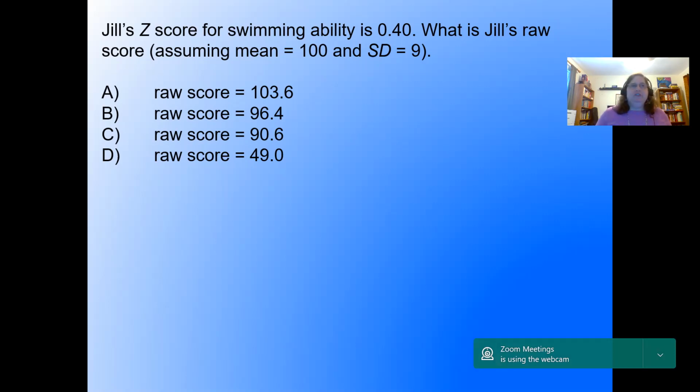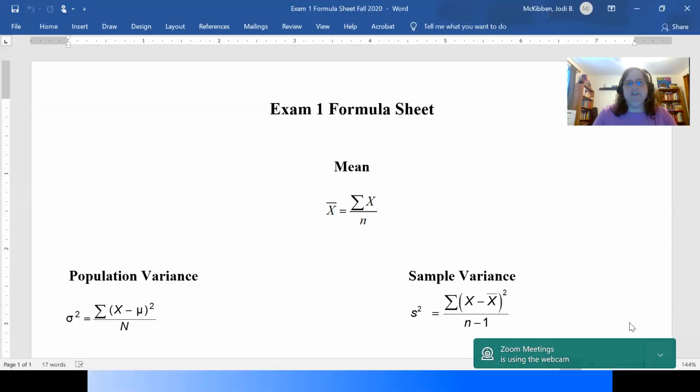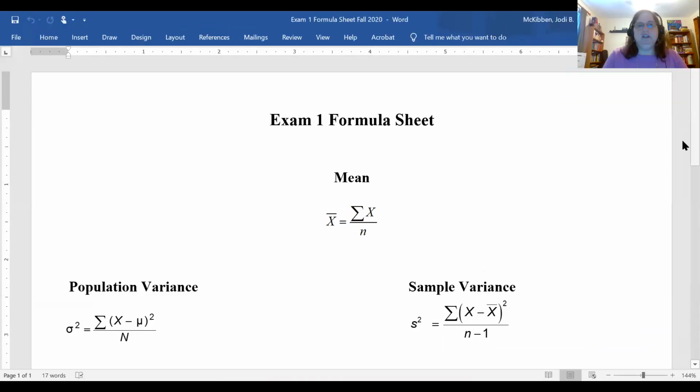Now, this is a situation where we're trying to get the raw score and we already have the Z-score. So this is where knowing symbols comes in really handy. I'm going to switch my share for just a moment so you can actually see the formula sheet and we can talk this through together looking at that. Okay.